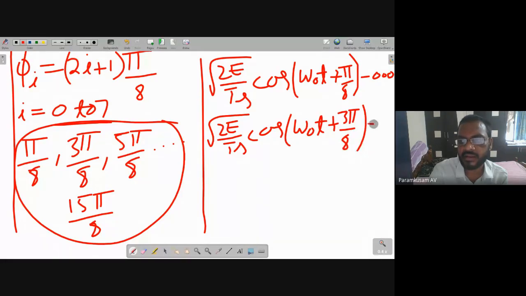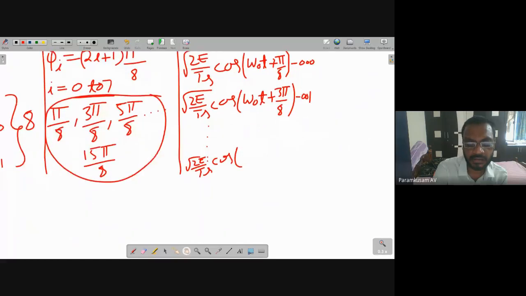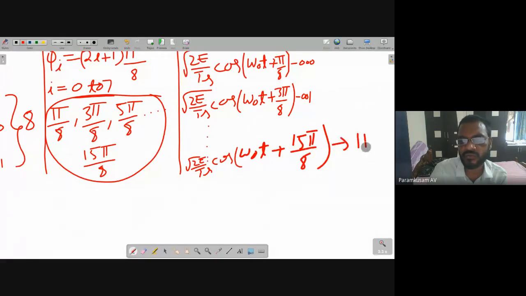This is for 001. Like that, the last signal is root of 2E/Ts cos(ω0t plus 15π/8). This is for 111.